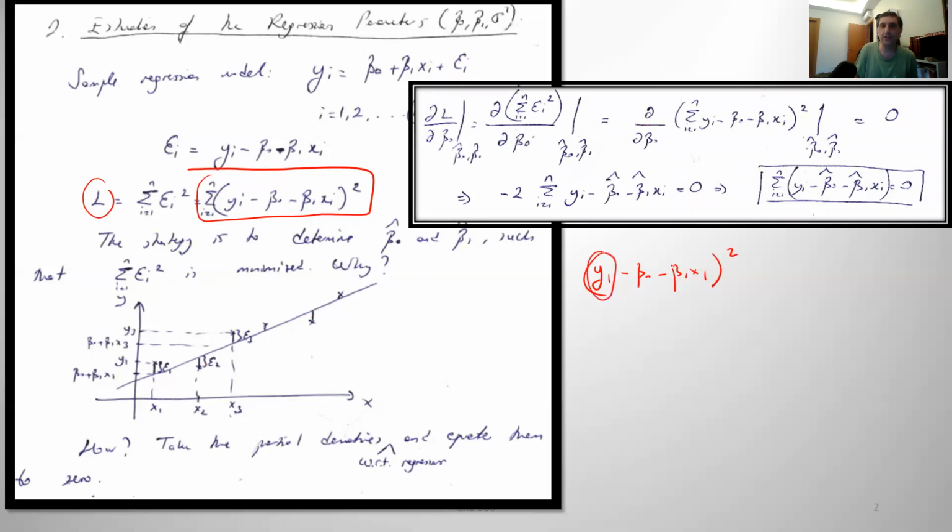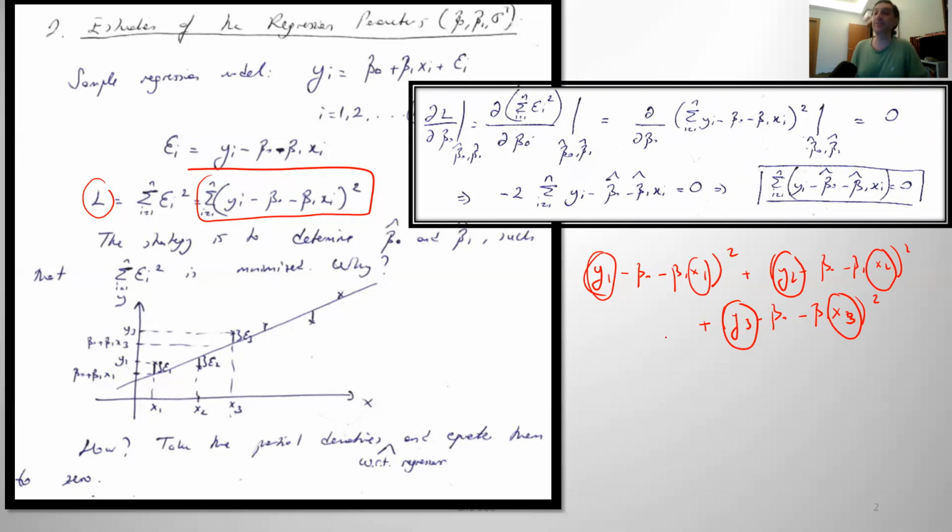We know this value and this value, plus (y2 minus beta 0 minus beta 1 x2) squared, plus (y3 minus beta 0 minus beta 1 x3) squared. So what we know are these encircled predictor and response variable values.